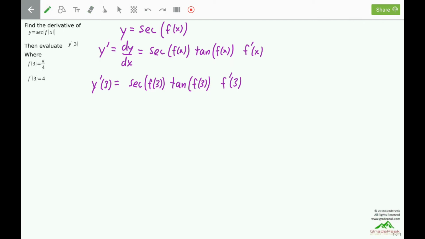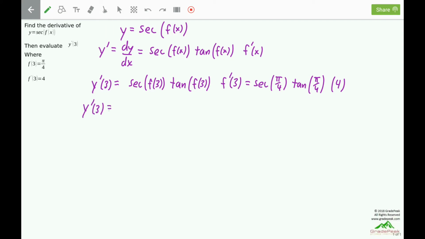Now, f of 3 and f prime of 3, those will come from here, given to us. So this will be the secant of pi over 4 for f of 3, the tangent of pi over 4, again for f of 3, and all of this multiplied by 4 for f prime of 3.